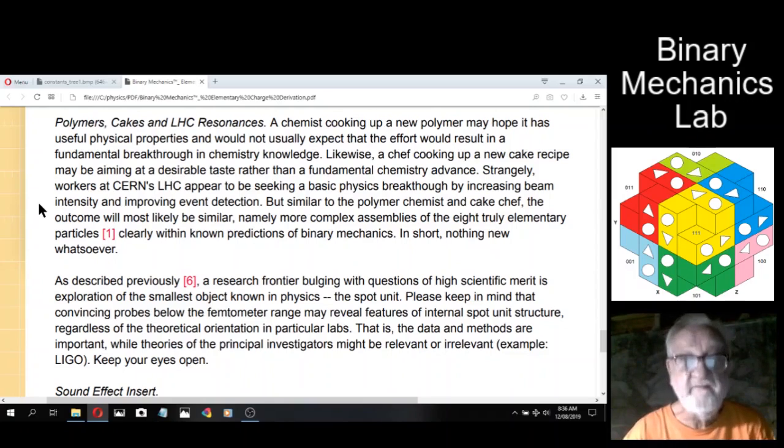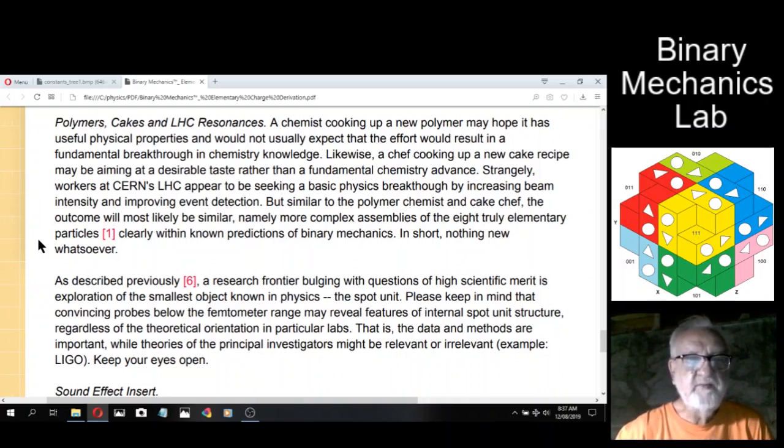Strangely, however, workers at CERN's LHC appear to be seeking a basic physics breakthrough by increasing beam intensity and improving event detection. But similar to the polymer chemist and cake chef, the outcome will most likely be similar, namely more complex assemblies of the 8 truly elementary particles described in the original binary mechanics paper, clearly within known predictions of binary mechanics. In short, nothing new whatsoever.